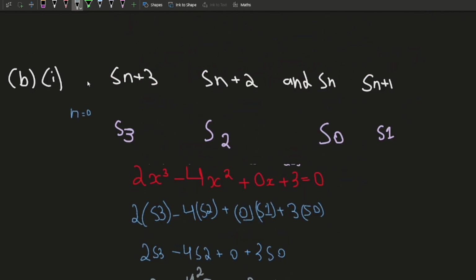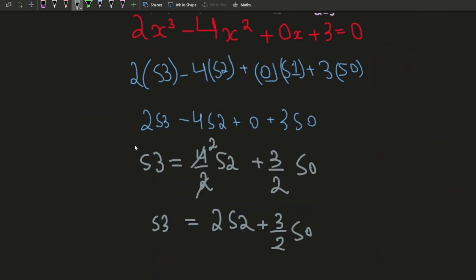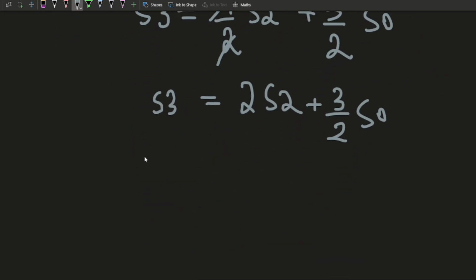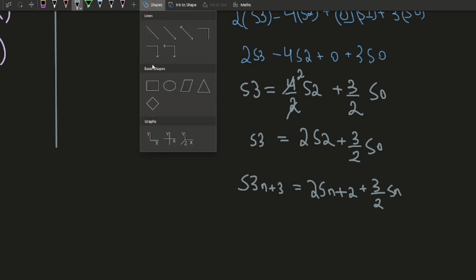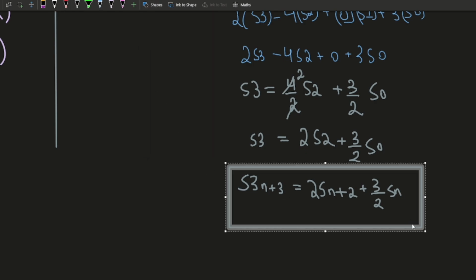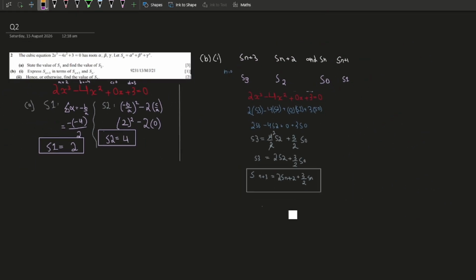Now let's add back the n term, since the n term is equal to 0 and it's being added. So let's rewrite this with the n term. S(n+3) equals 2S(n+2) plus 3 over 2 Sn. This is our final answer.